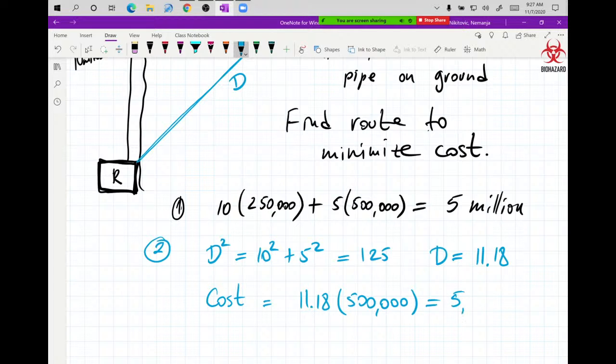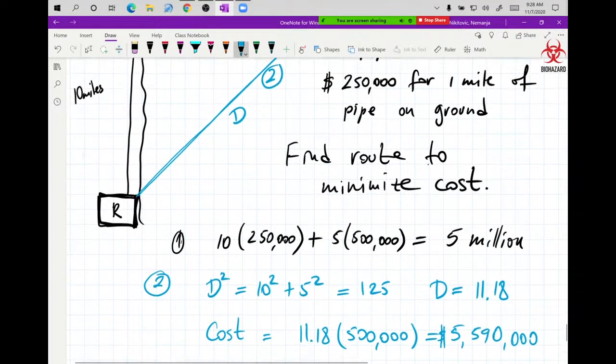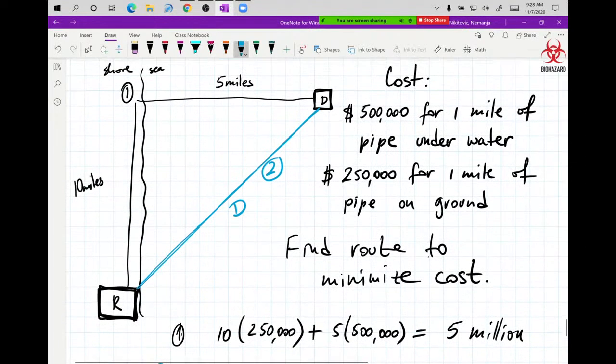So it's 5,590,169.94. Who cares? We're just going to round it off and say it's almost 5.6 million. So you see that even though it's the shortest distance, it's actually worse, because the pipe underwater costs much more than laying a pipe on the ground.